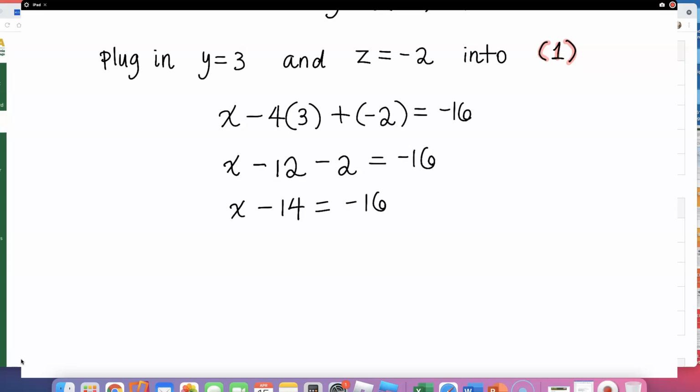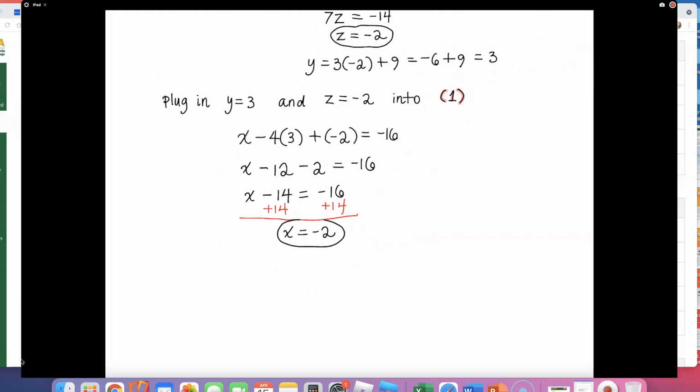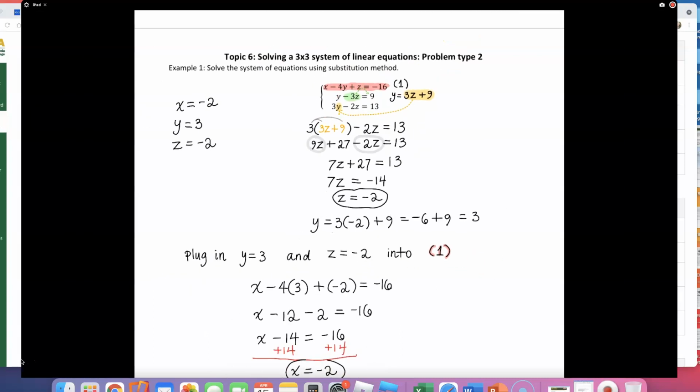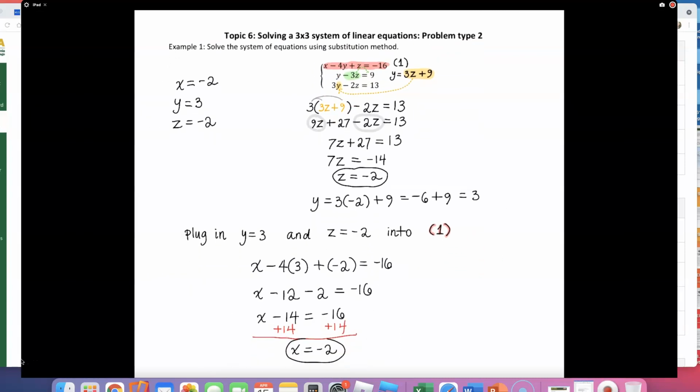And if I add 14 to both sides, I'll get my final answer. x equals negative 2. So I'm going to circle it, and I'll go ahead and scroll up and write down that the solution is x equals negative 2, y equals 3, and z equals negative 2.